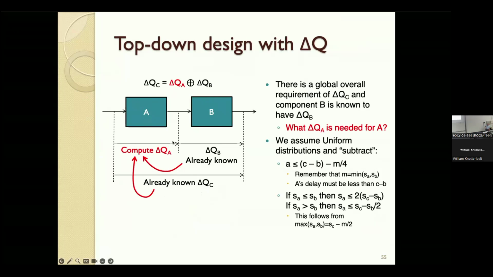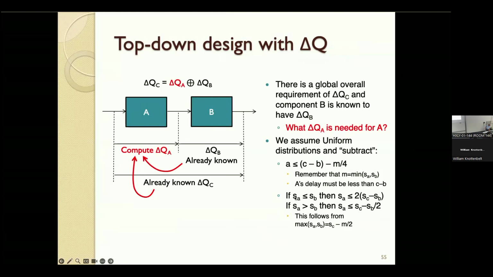So this is actually a deconvolution, but we're going to use the equations that we derived in the opposite direction. This will tell us that the little a, the minimum delay of the first one, is C minus B, but actually minus m over 4. It has to be a little bit better than C minus B. Otherwise, it doesn't work, okay?